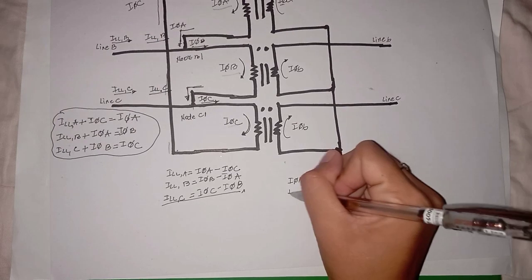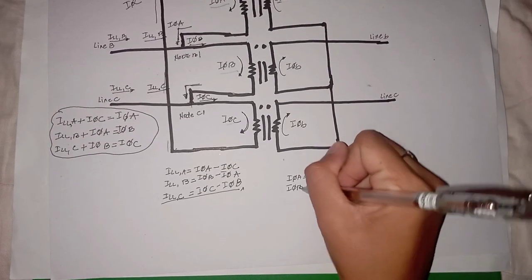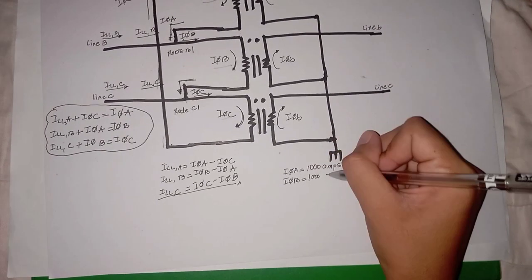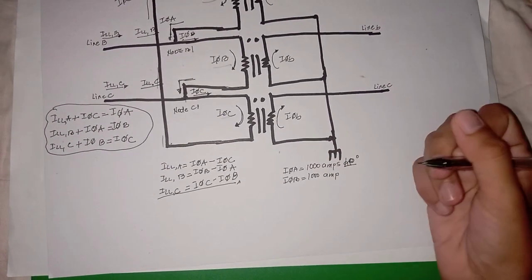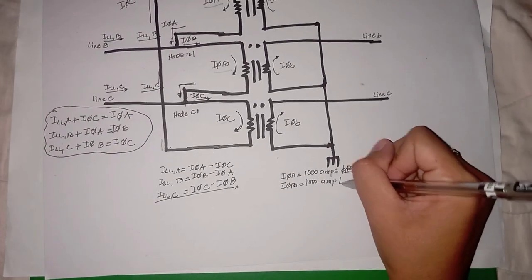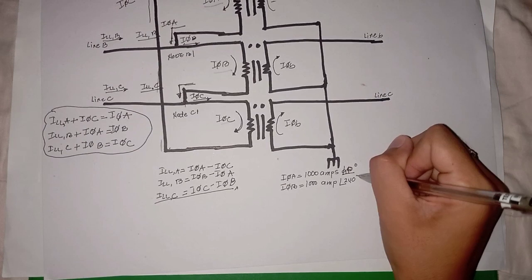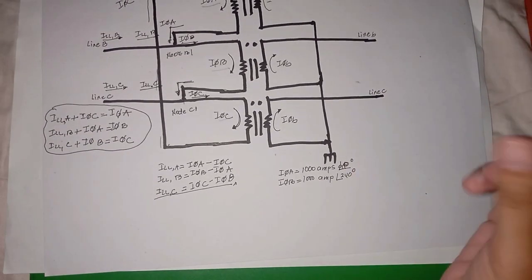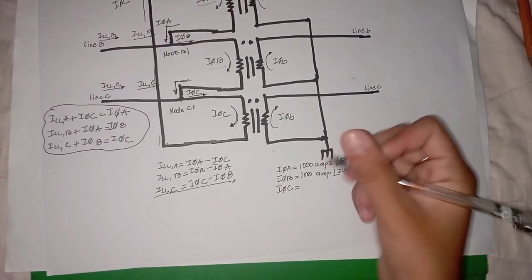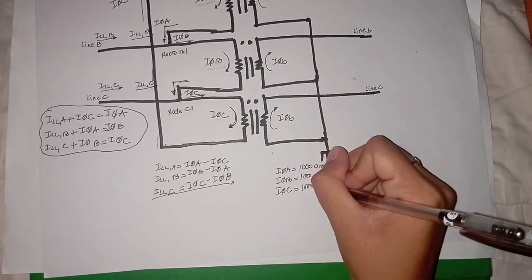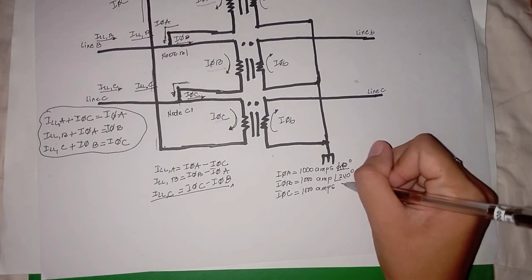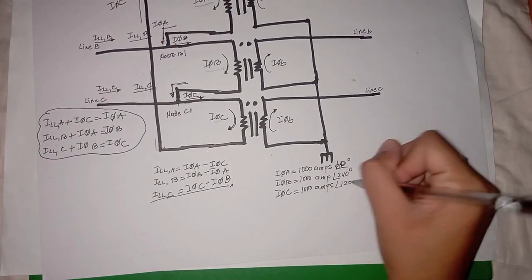Phase current B is equal to 1000 amperes at 240 degrees. And lastly, phase current C is equal to 1000 amps at 120 degrees.